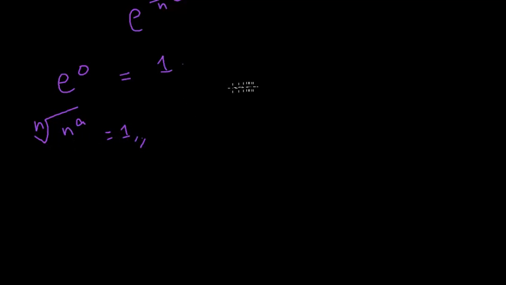This can be written as n to the power of a over n, which is the same as e to the power of a over n times ln n. And since the limit of ln n over n tends to 0, a times 0 would be 0, and this would tend to e to the 0, and that would be 1.